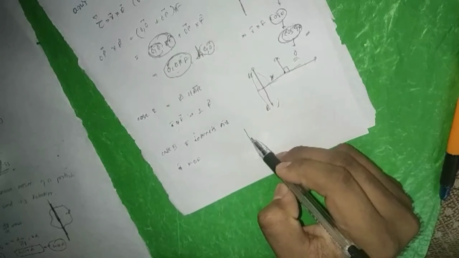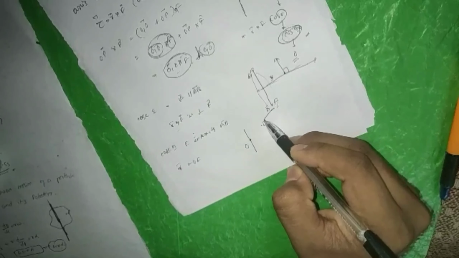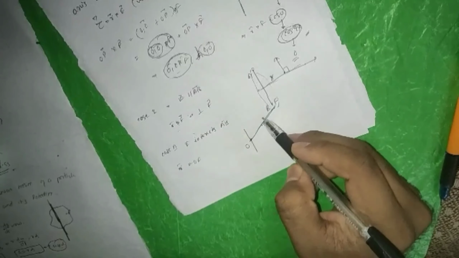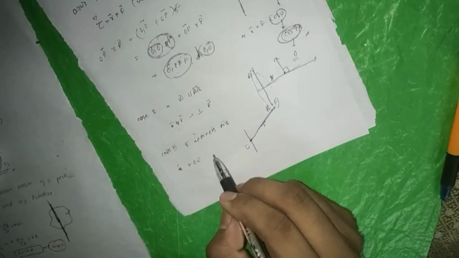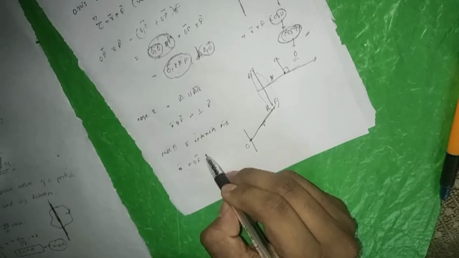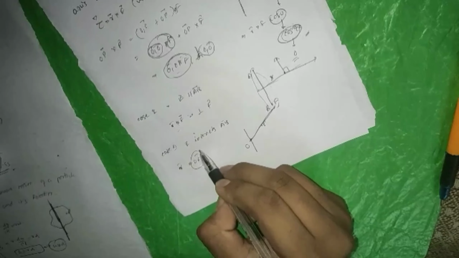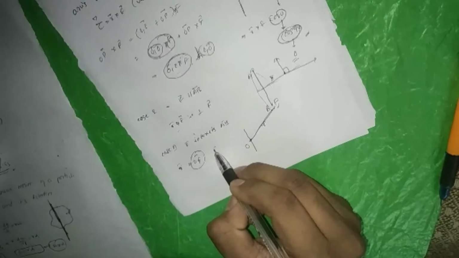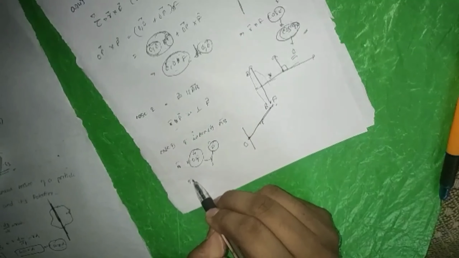Here you can see O, P, F like this. It's passing through O also. Then R bar is equal to OP bar. Then OP bar and F bar are both on the same line. On the same line, what will happen? Torque will automatically be 0, right?